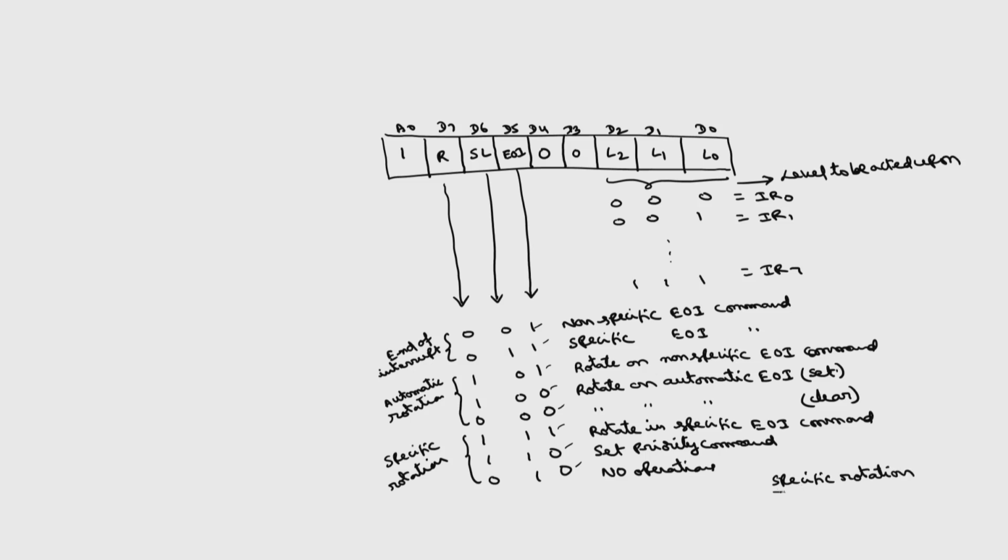In specific rotation, any IR can be assigned lowest priority. For example, if I assign IR 4 as lowest priority, this will be clear with an example.